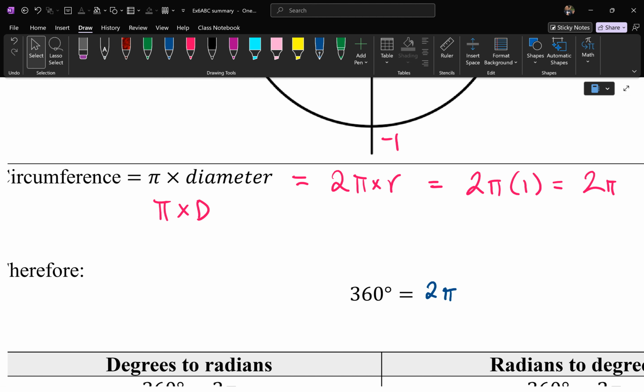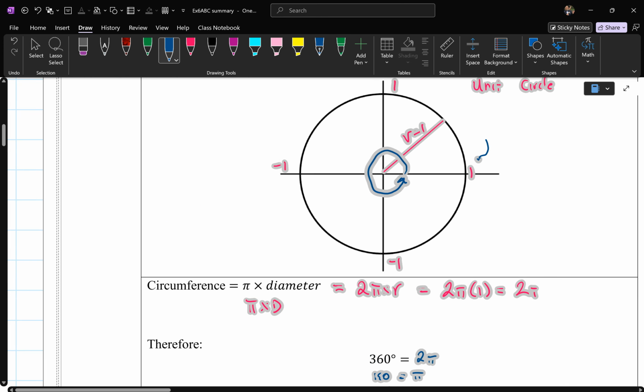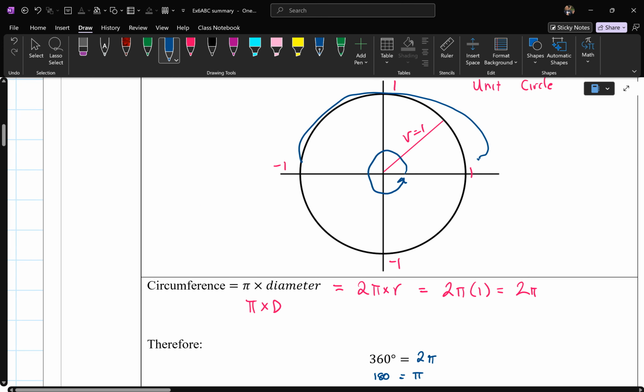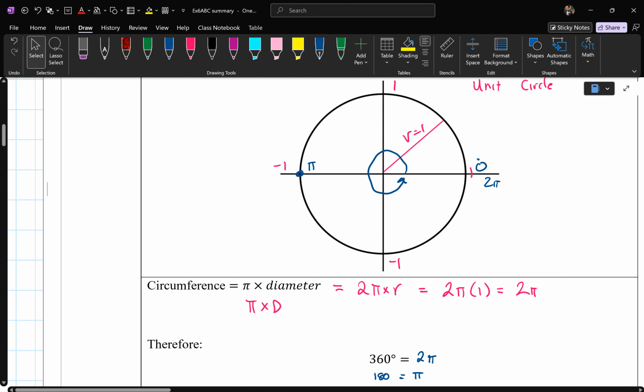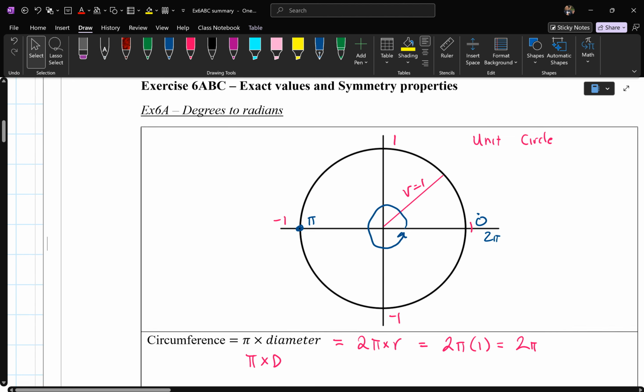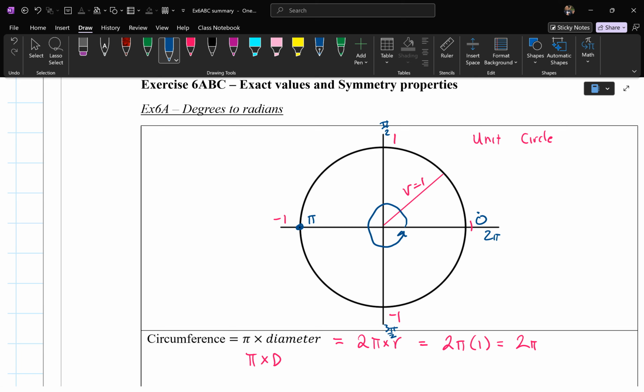If 360 is equal to 2 pi, then if I divide both sides by 2, I also get 180 equals pi, which means that when you do half a circle, that's pi distance, which is why last year you learnt 0 going anti-clockwise up to this point over here, that is pi, and all the way back here, that's 2 pi, right? That's why you have to learn to put in the points in radians, and then obviously a quarter of 2 pi would be pi on 2, and then this is 3 pi on 2, right? So I've got my circle.